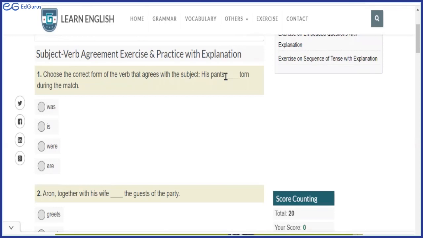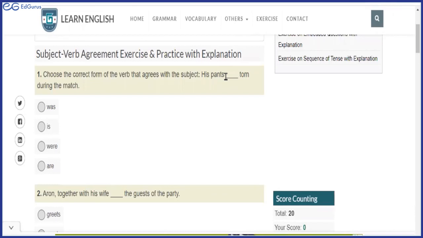Ma'am, pants is singular. Why? It is plural. Pair of pants is singular. When we say pants, meaning not one pair of pants, two pairs of pants, three pairs of pants.